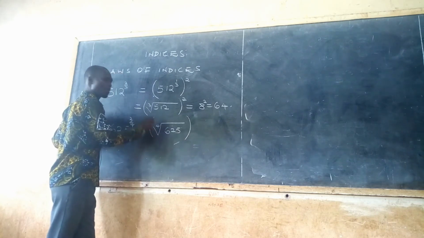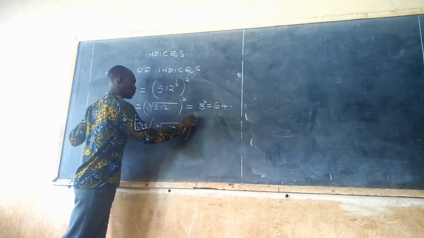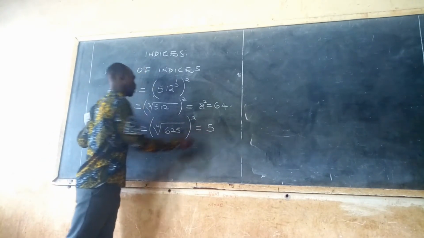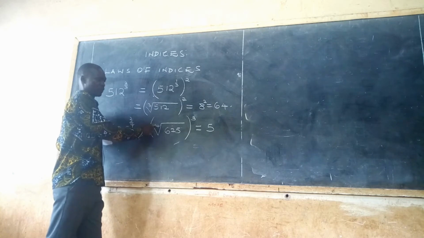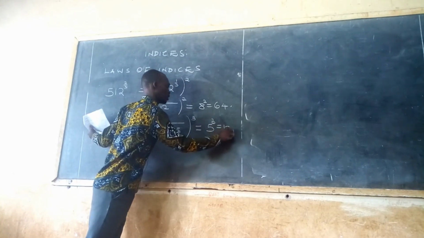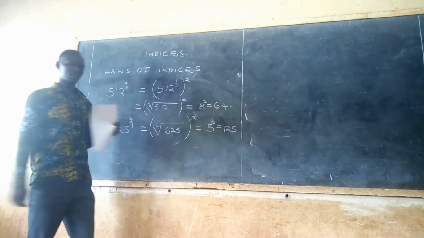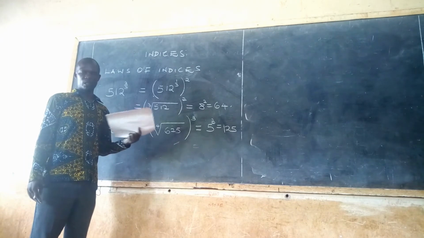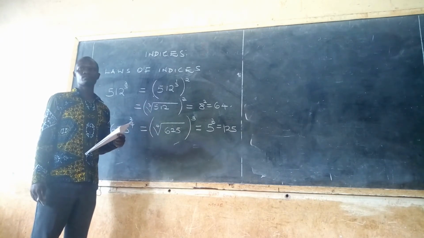After that, can you cube it? If you check, you will get the answer is 5 for the fourth root of 625, and then you cube it, that will give you 125. So that is how to go about the fractional indices when you are being told to manipulate them.